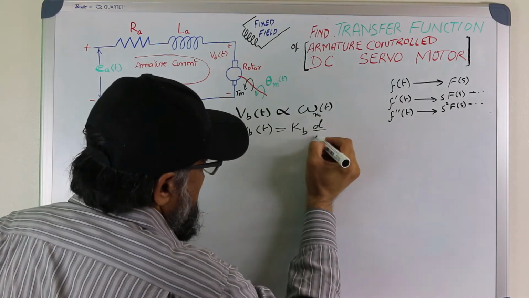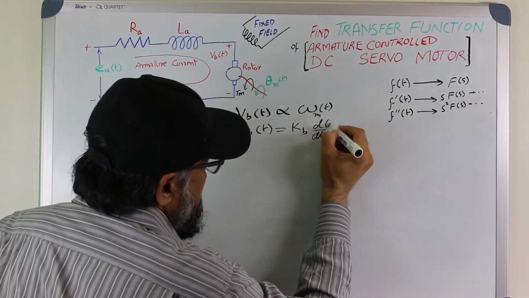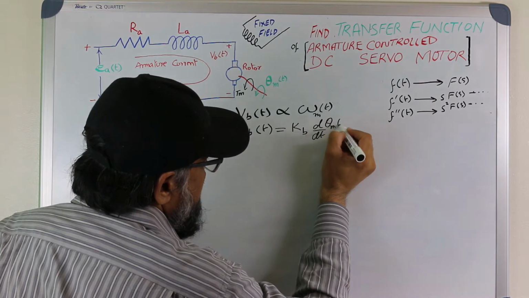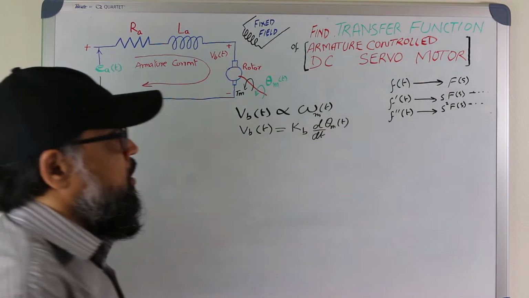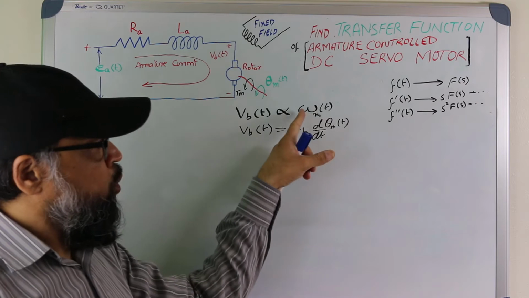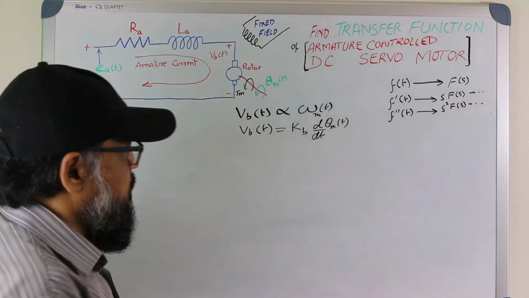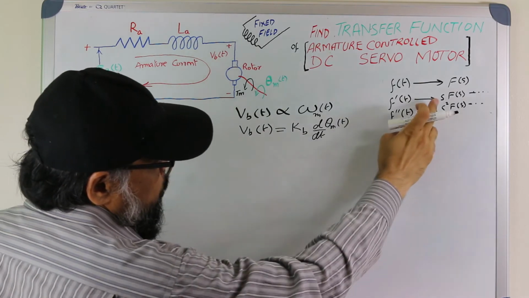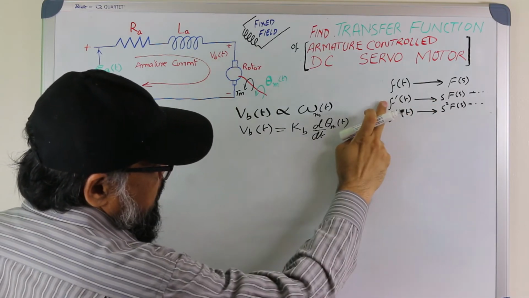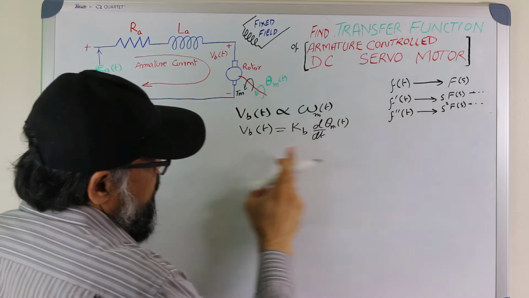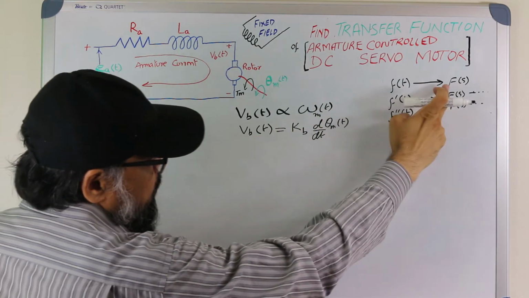So omega is the derivative of position, very simple. Now if you look here, this is the first derivative, so we will use this formula. This is a simple function, so we will use this formula.